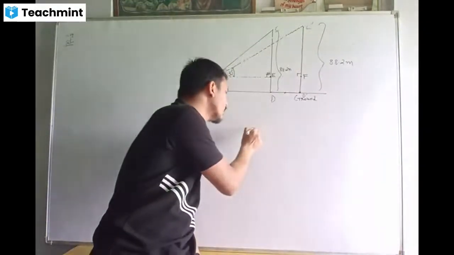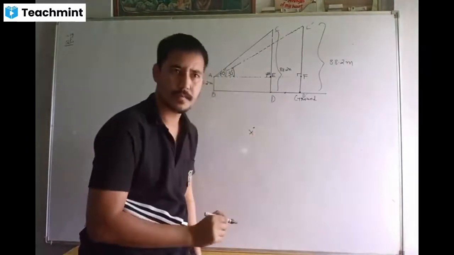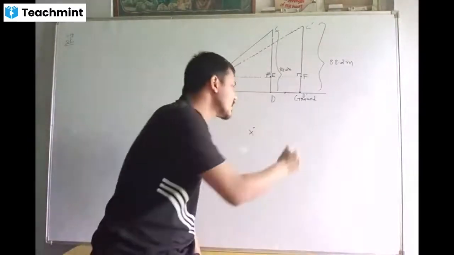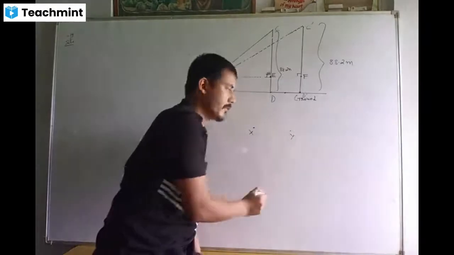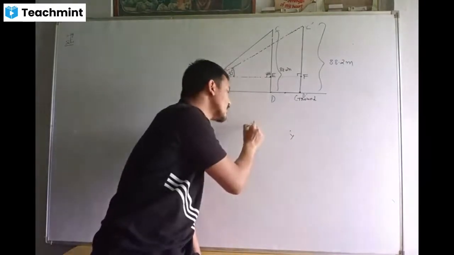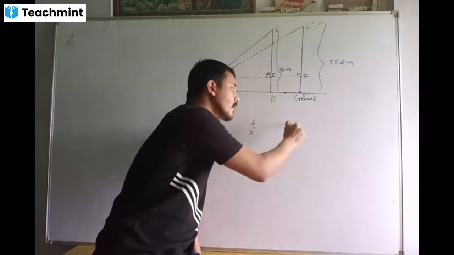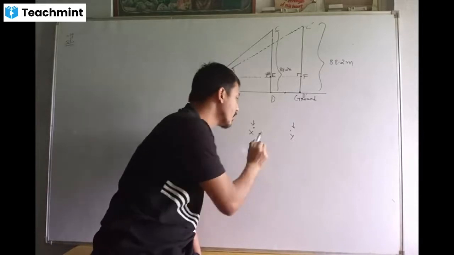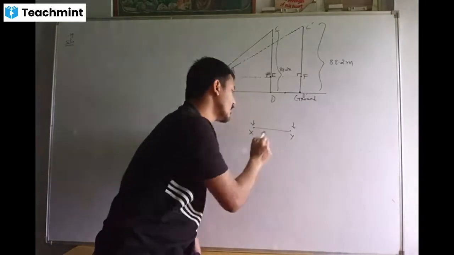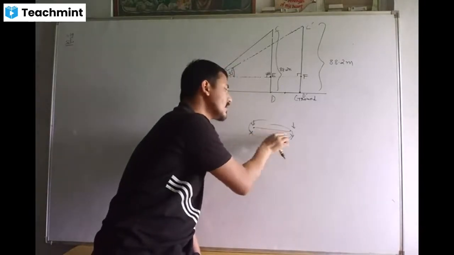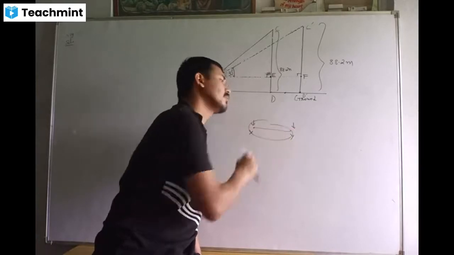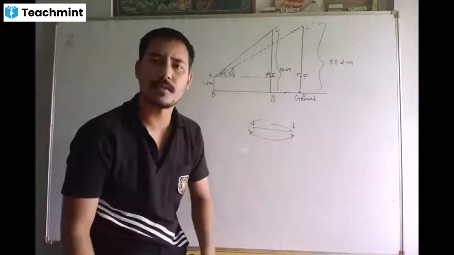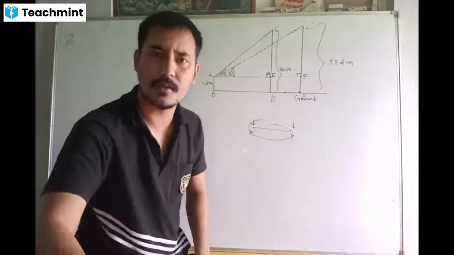Suppose initially you are at point X. After walking for some distance, you reach another point Y. Then X is your initial position, Y is your final position. Then the distance between the initial position and the final position gives you the distance traveled by an object. Is it all right?